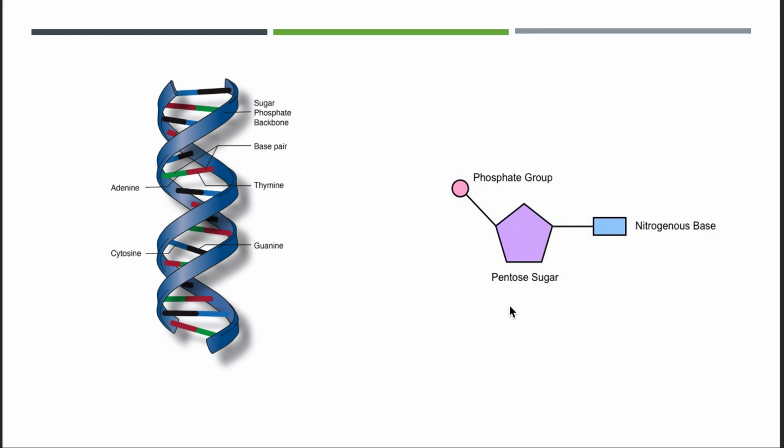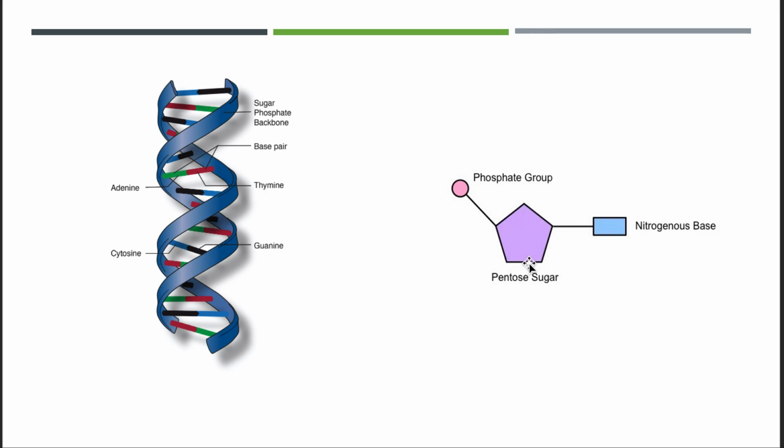Each nucleotide has a pentose sugar, a nitrogen base, and a phosphate group. In case of DNA, the pentose sugar is deoxyribose sugar. To this deoxyribose sugar, a nitrogen base and a phosphate group are attached.